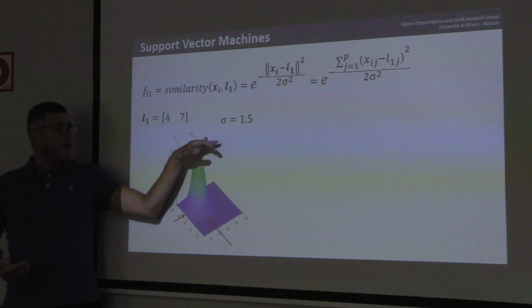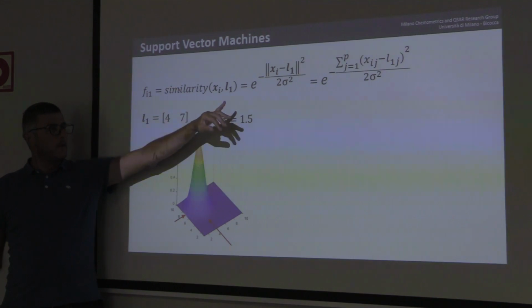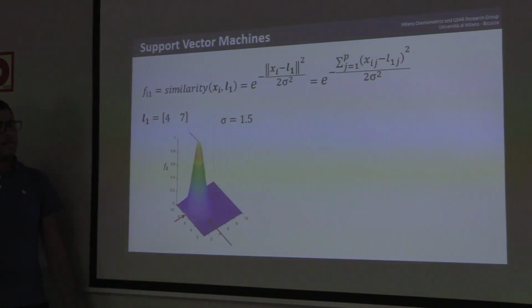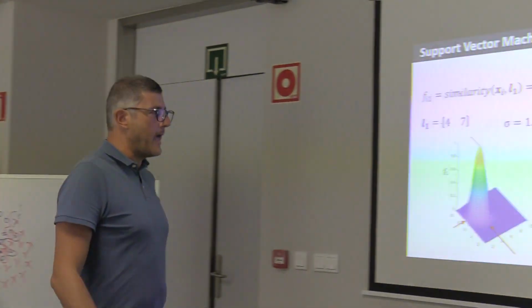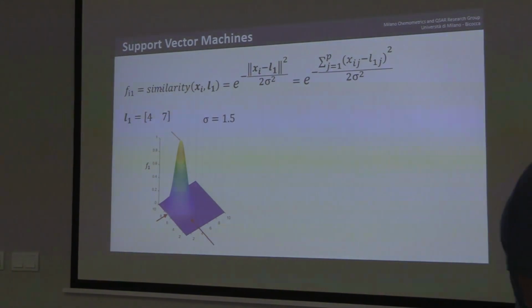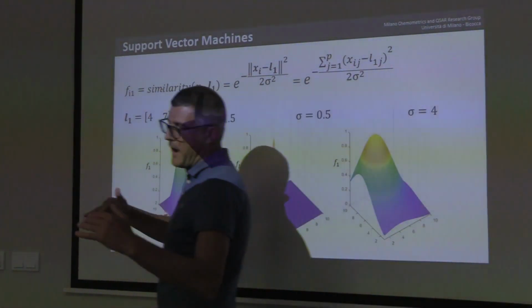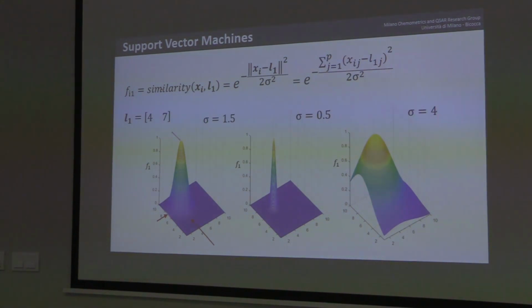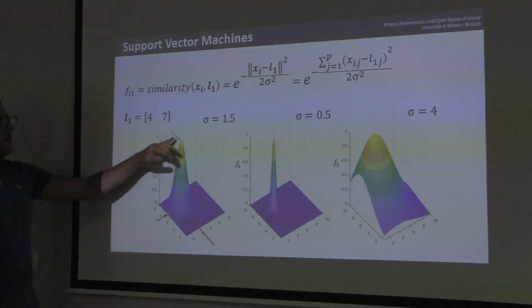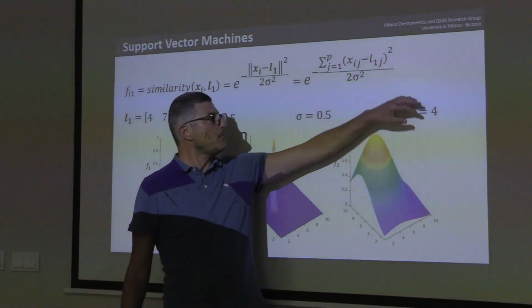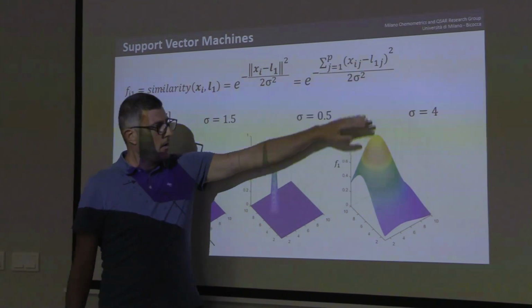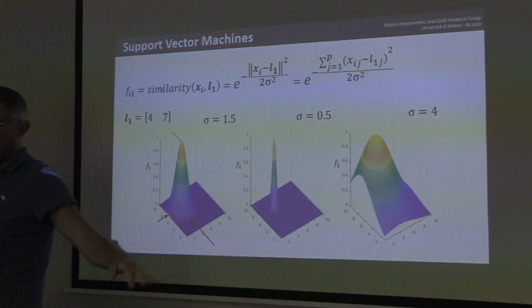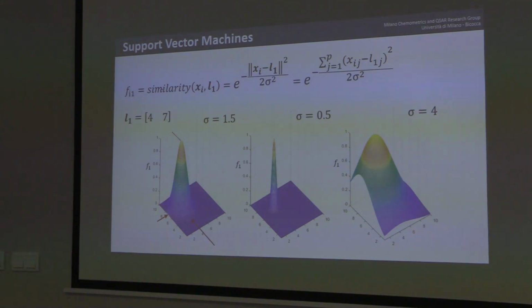Of course I get this plot with this value of sigma. But as I said, we can change sigma, and the effect of changing sigma is this one, as for Gaussian distributions. If sigma is high, you reduce the effect of the kernel, and so you get more smoothed similarity functions, like this one.